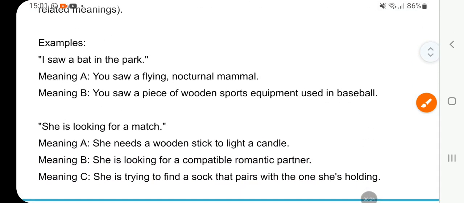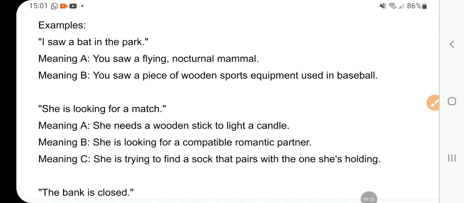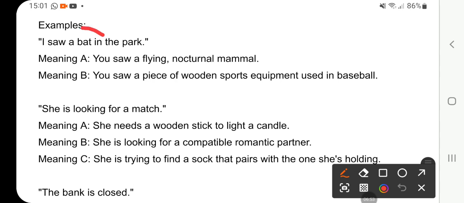Now, moving to an example. I saw a bat in the park. It has two meanings. Meaning A, you saw a flying nocturnal mammal, right? And meaning B, you saw a piece of wooden sports equipment used in baseball. So here ambiguity occurs because of the word bat.